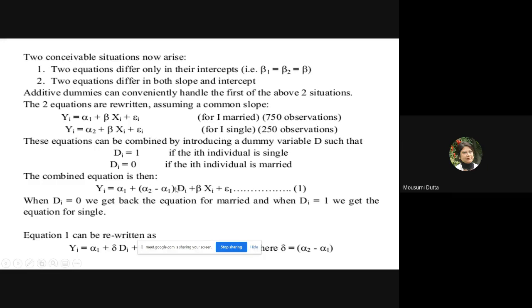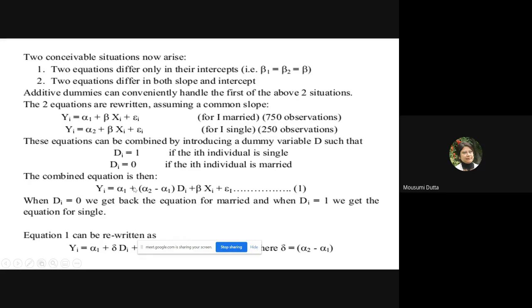So using the dummy variable technique, we can express both the equations in a single equation, and by putting the values of the dummy variable, basically I am writing a number of equations. Now, if there is another category, say rural urban, in a similar fashion I'll be able to add one more dummy variable for that. I'll show you how to do that.